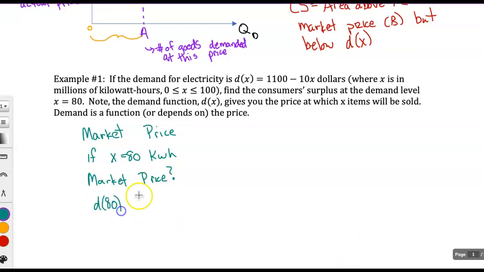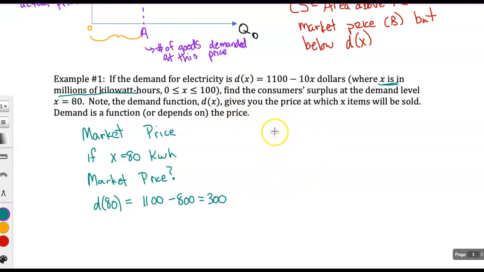I'm plugging in 80 because X is in millions of kilowatt hours. So when X is 80, what are we willing to pay for that? If I plug in 80 here, I get 1100 minus 80 times 10, which is 800. So we get 300. That is the market price.